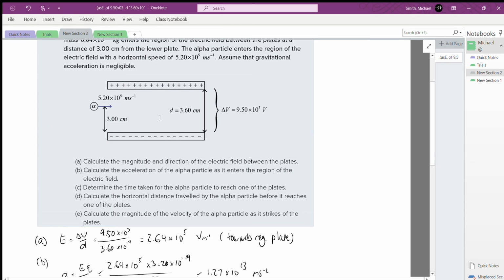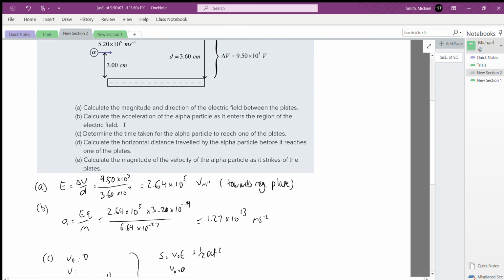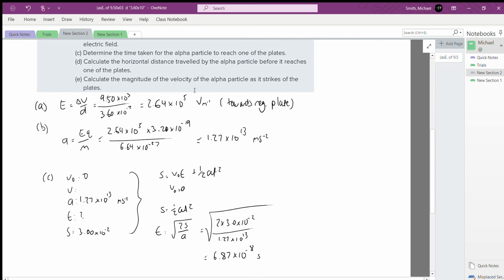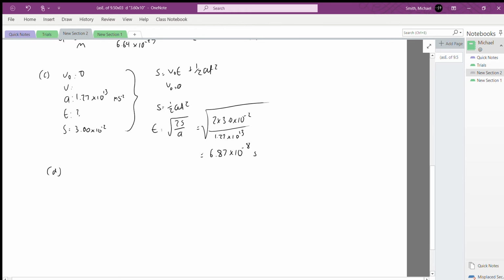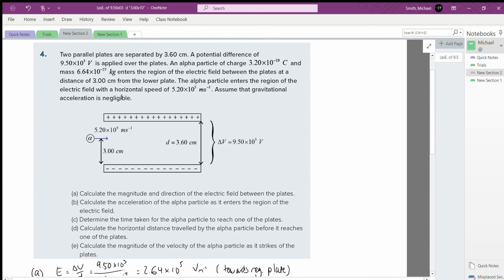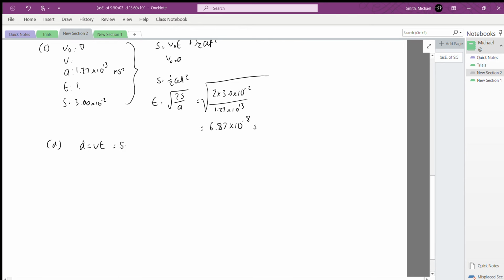Alright, so part D, calculate the horizontal distance travelled by the alpha particle before it reaches that bottom plate. So here we're just using the same expression as we would for projectile motion, so d equals vt, the initial horizontal speed of the alpha particle 5.2 times 10 to the power of 5, and the time we've just worked out, so that'll be times 6.87 times 10 to the power of minus 8.